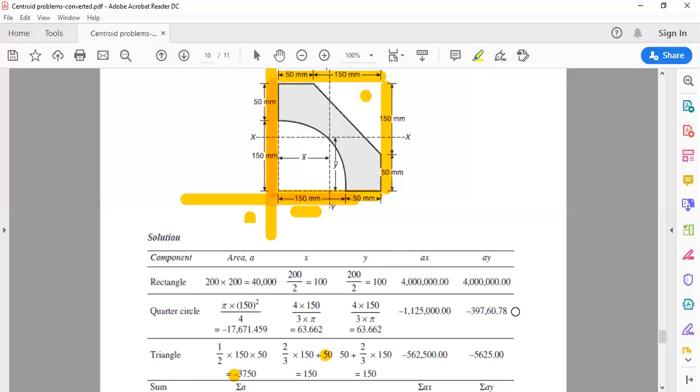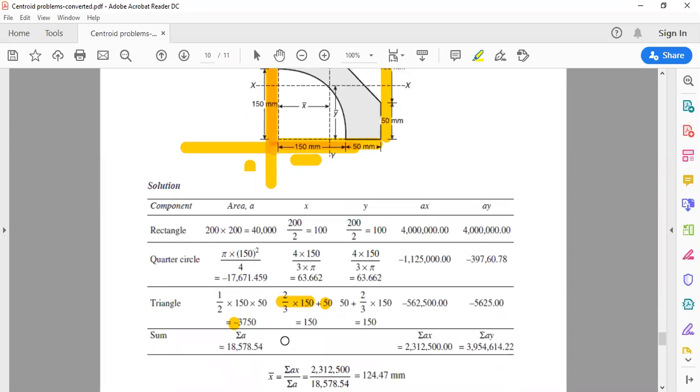Next, I have to calculate from this apex to CG. So since I am calculating it from apex, it will be 2/3 of length, and length is 150. So it is 2/3 of 150 plus 50, which is 150 only. I hope it's clear. I'll repeat it once again.